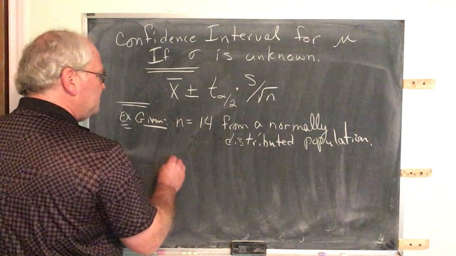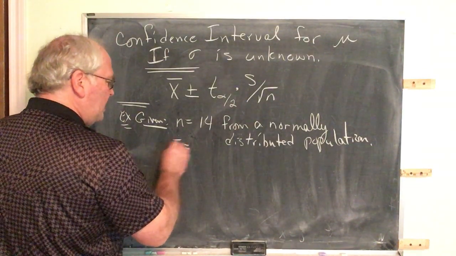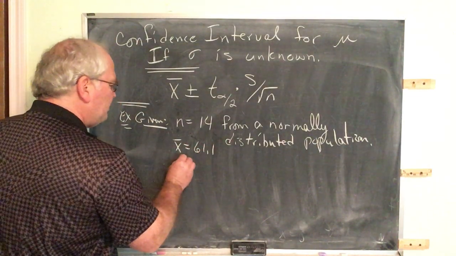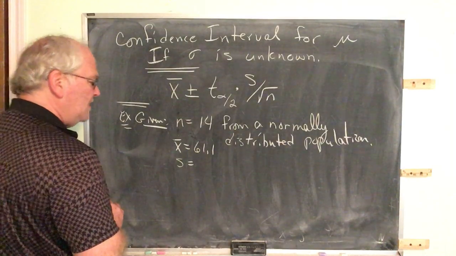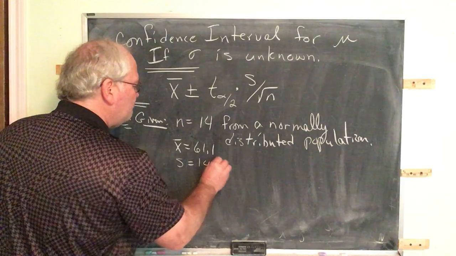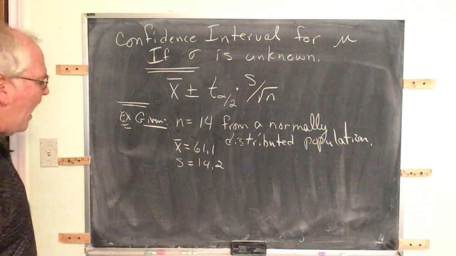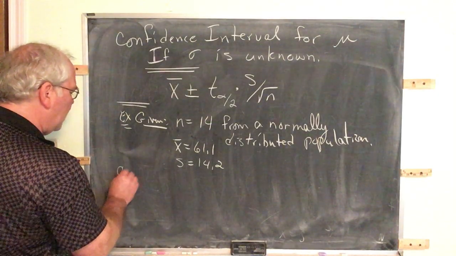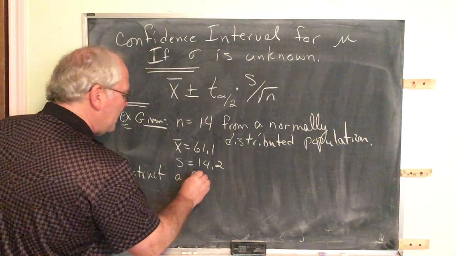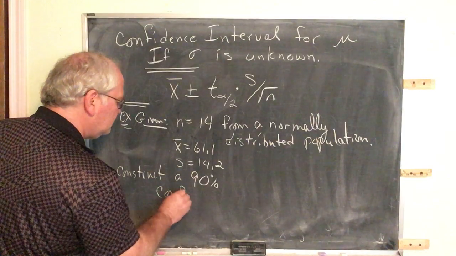Let's suppose we have also been given that the sample mean is known to be 61.1. Let's suppose the sample standard deviation is given to be, let's say, 14.2. All right? And suppose we want to construct a 90% confidence interval.